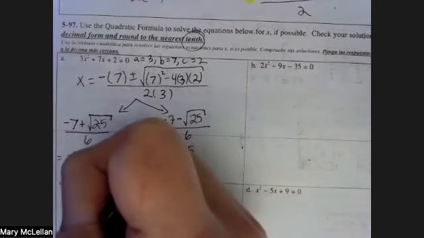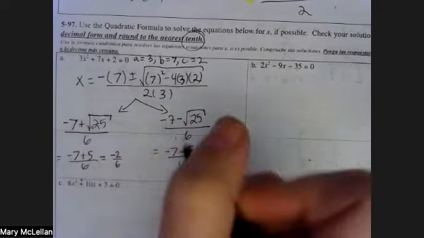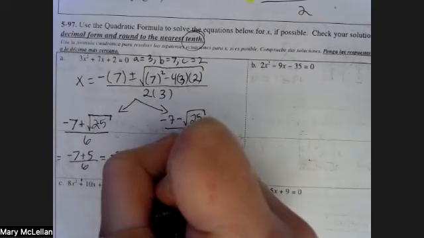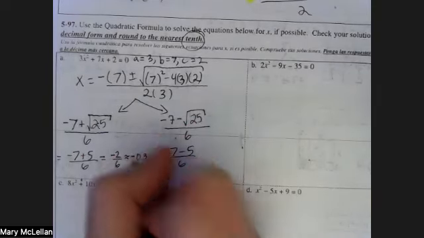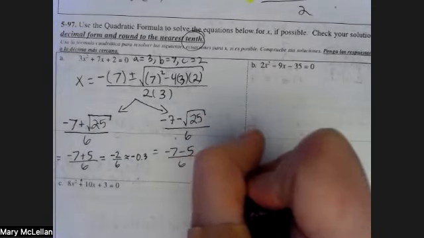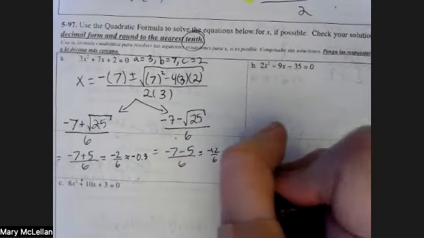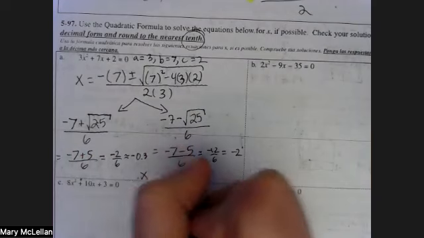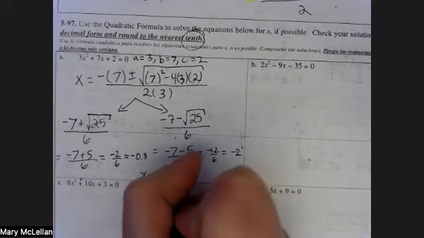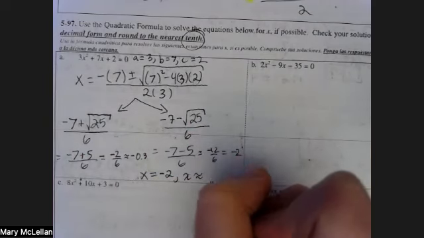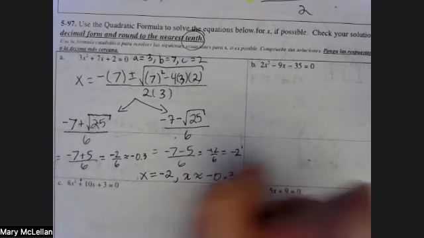This is negative 2/6, which is about equal to negative 0.3, and negative 12 over 6, which is exactly negative 2. So my solution answers are x is equal to negative 2, and x is approximately equal to negative 0.3.